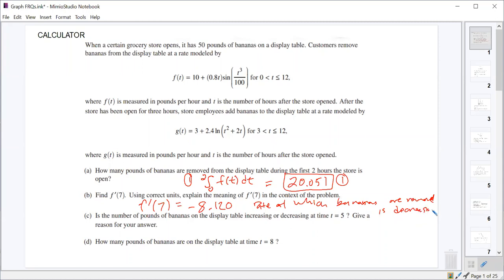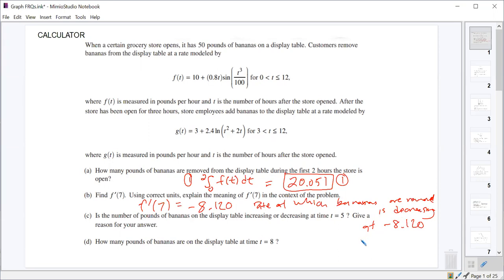We know it's decreasing because the derivative of it is negative. So the rate at which bananas are removed is decreasing at negative 8.120. And what should your units be here?